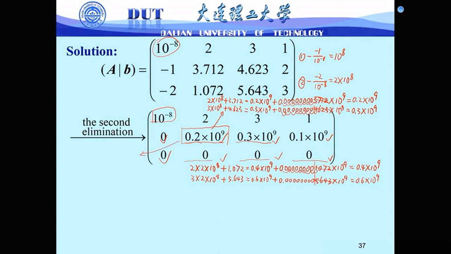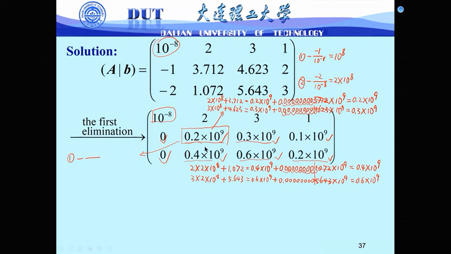First, we only need 1 multiplier, right? The multiplier is the minus ratio, remember? What is the numerator? This is the numerator, because we need to use this number to eliminate this number. So the numerator is 0.4 multiplied by 10 to 9.